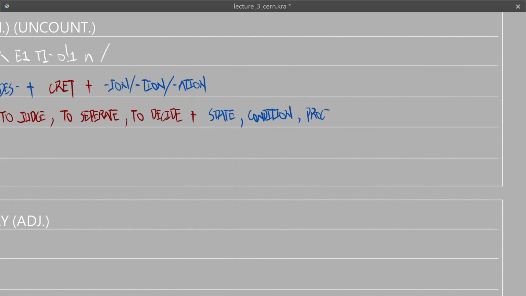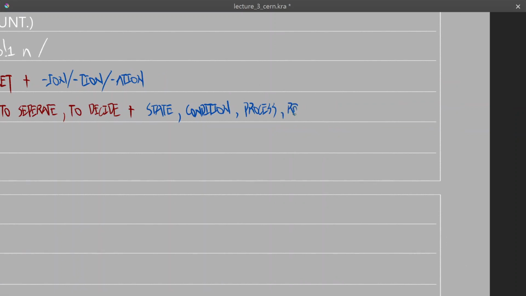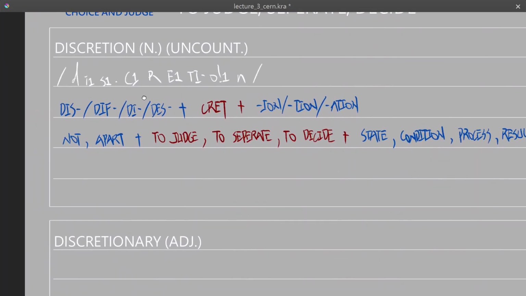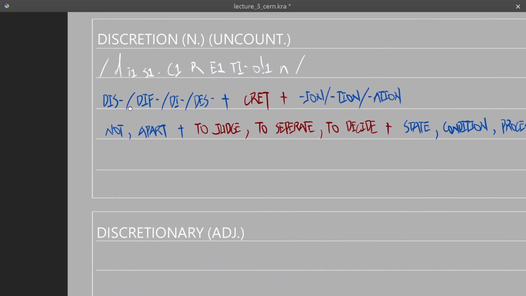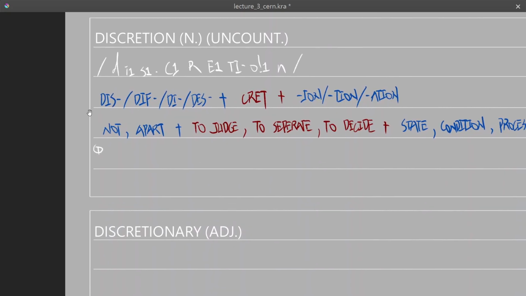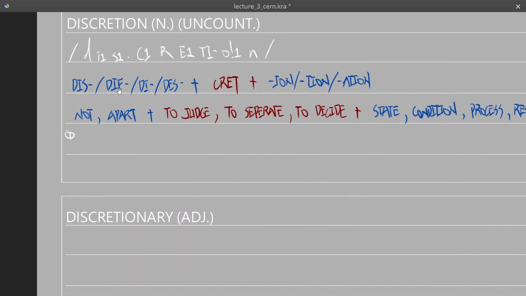Okay, condition, process, result. And since discretion is the noun form of discrete, we also have two meanings. The first one: the state of separating people apart.